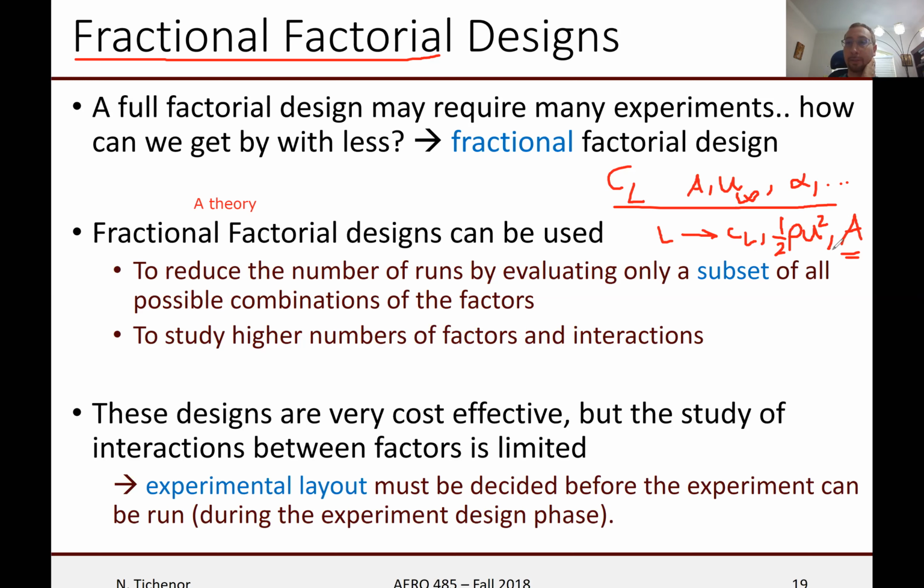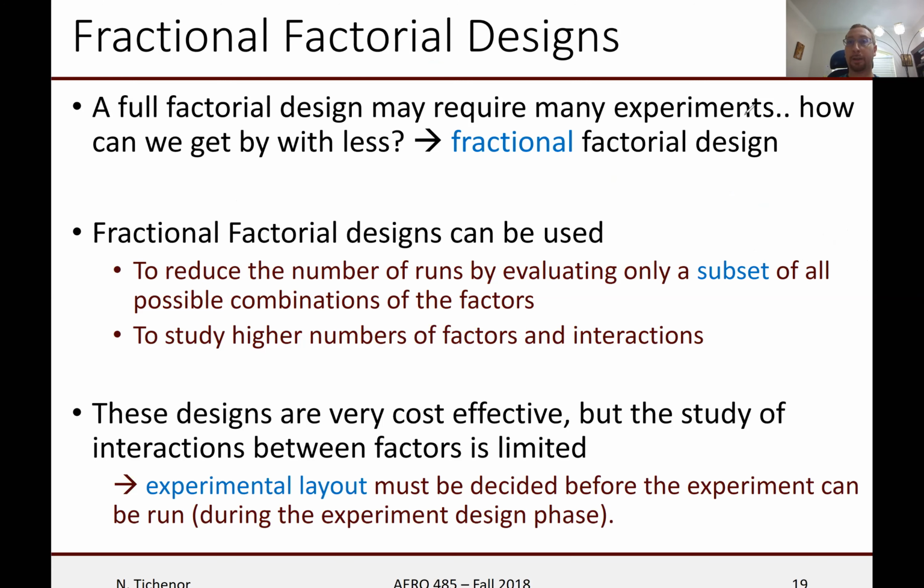So let's say I had to take 4 cases here, 4 here, and 4 here. That is 4 to the power of 3, 64 different cases. But now if instead I know this relationship from theory, and I take 4 cases here and 4 cases here, I'm reducing the number of experiments from 64 to basically only 4. So I'm going to stop this video and continue in the next slide.